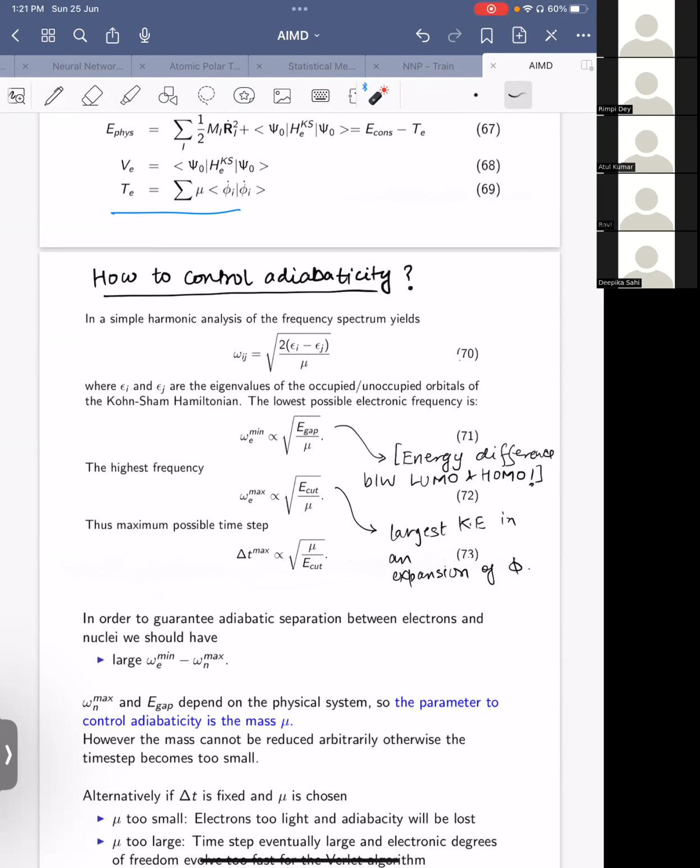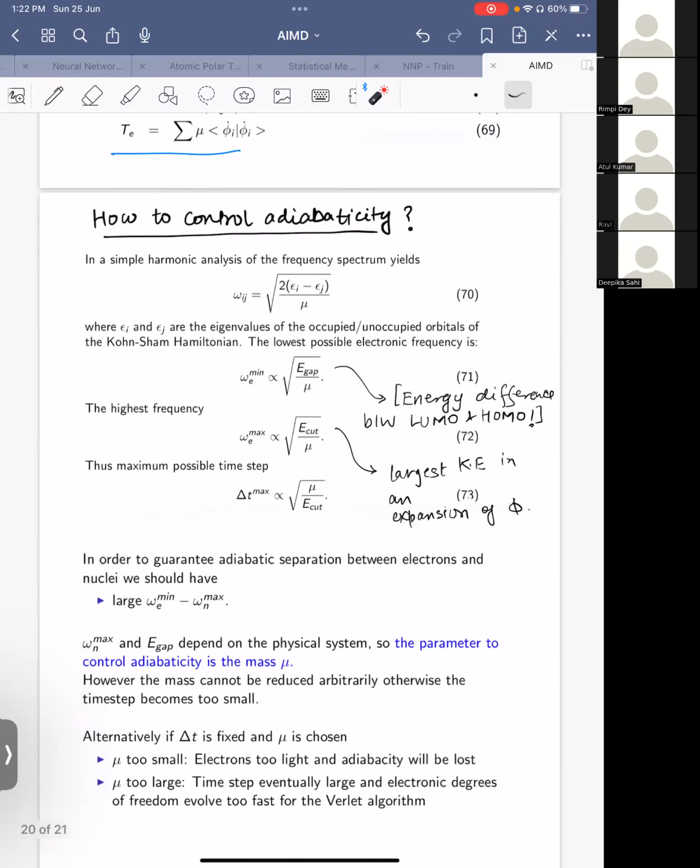So the time step of integration is directly dependent on the fictitious mass. If we increase or decrease this fictitious mass, then our time step will be very low. So we will have the same problem that we cannot simulate our system for a large time. So it is a trade-off between fictitious mass and the time step.